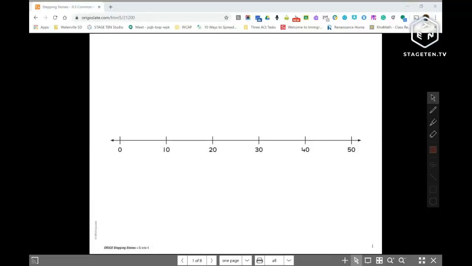So we've compared those fractions. You'd even compare 1/4 and 1/3. Which one is greater, 1/4 or 1/3? Again, you should be able to see that 1/3 is greater than 1/4, judging by the number line.